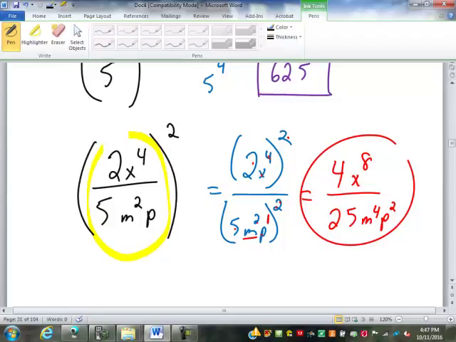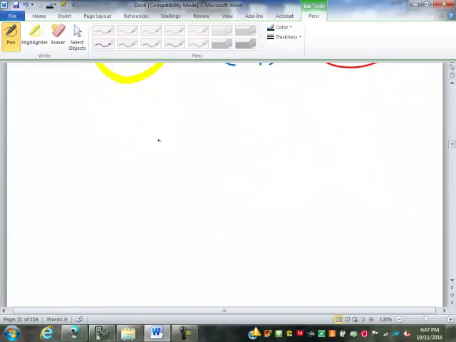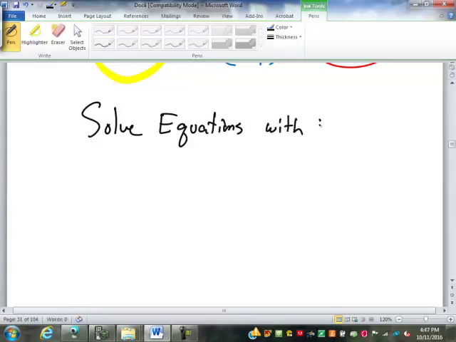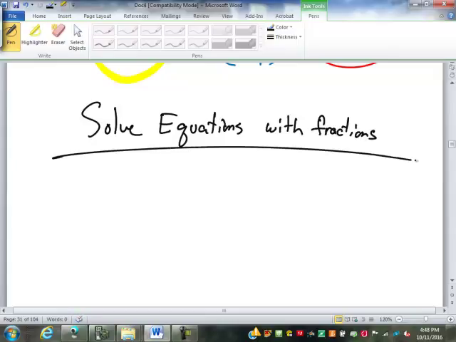Then we have solving the equations like we did tonight. Solving those equations with fractions in them, like we did in our first hour.